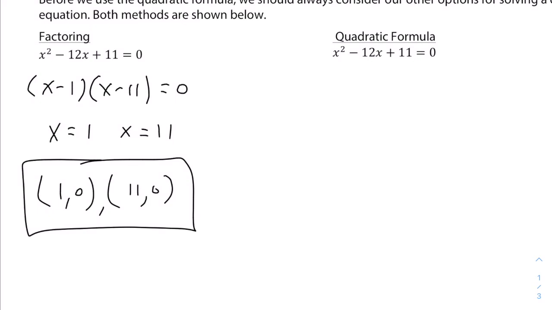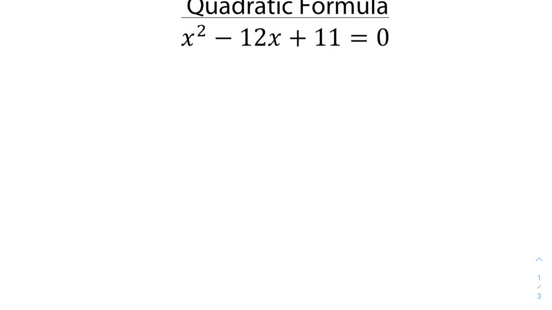Now we can do the exact same thing using the quadratic formula, but you'll see it's going to be a lot more complex. So here we have a is 1, b is -12, c is 11, and we can use the quadratic formula.